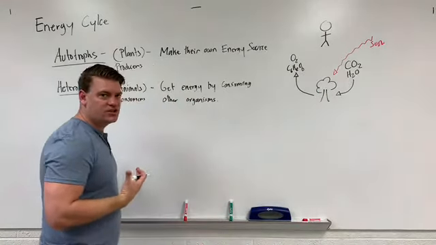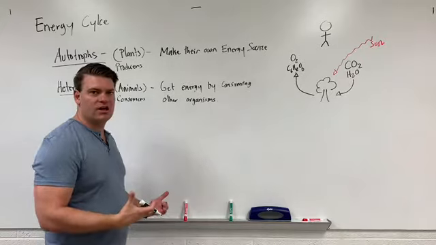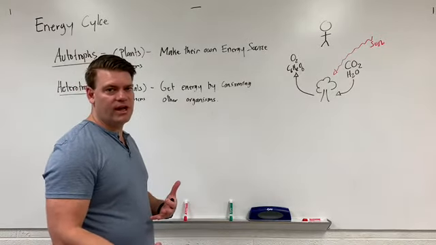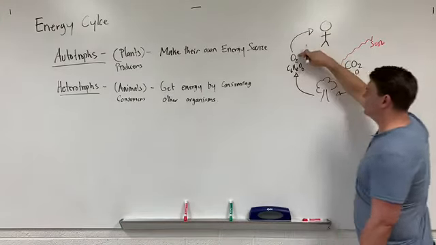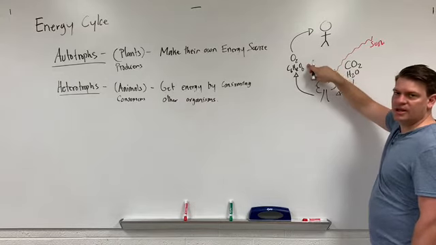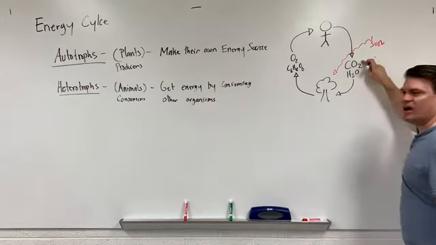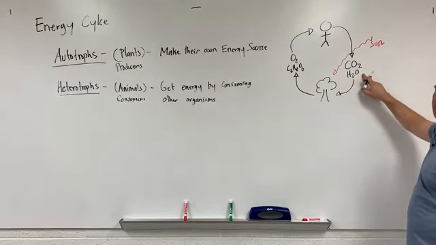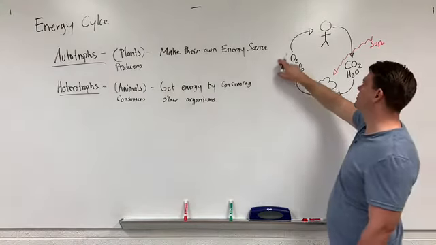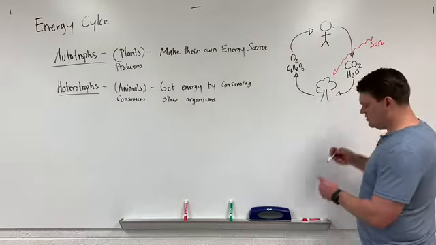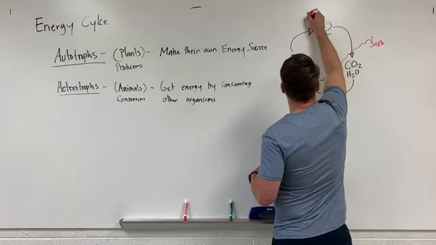Now, for us as humans to do cellular respiration, in other words, for us to be able to break down sugar molecules into ATP or energy, we need oxygen and sugar. Our products from this are going to be carbon dioxide and water, which happen to be the reactants needed for the plant, and then the plant's products become the reactants for us. And then the energy we get out is ATP.